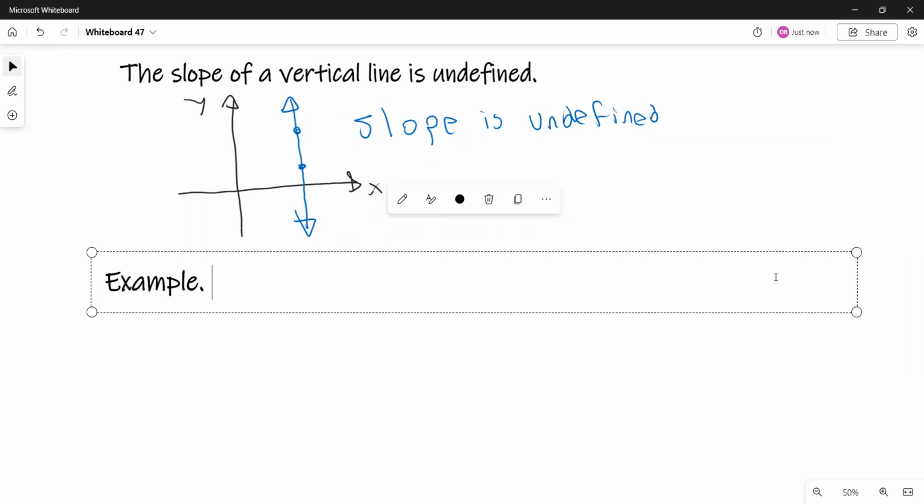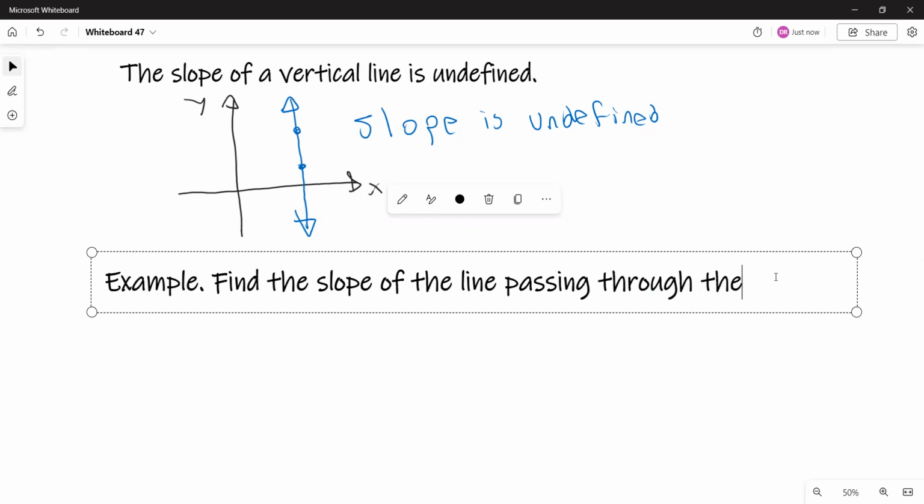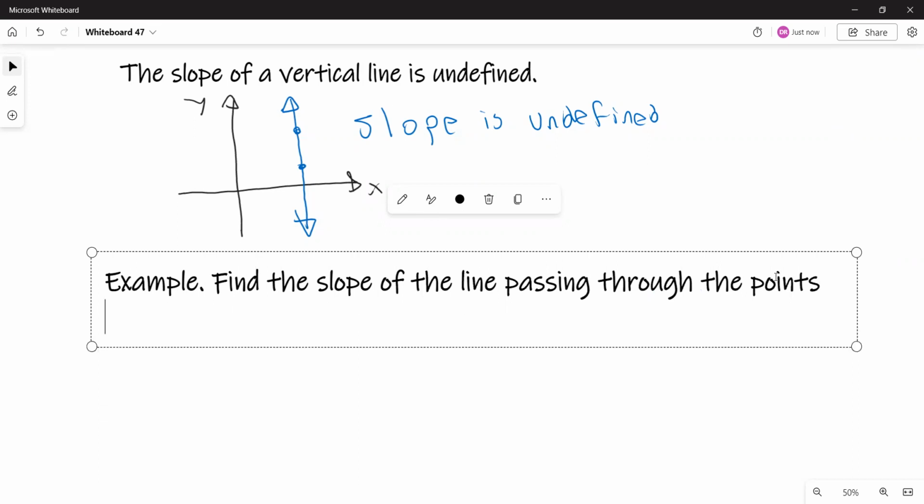Okay, so we're going to do examples of using the slope formula. We are going to find the slope of the line passing through the given points. So I'm going to write all this together.